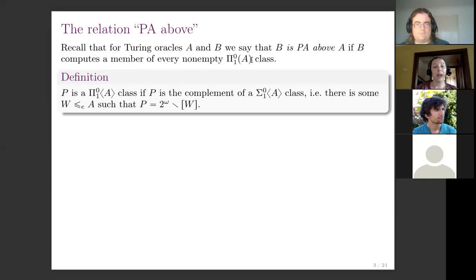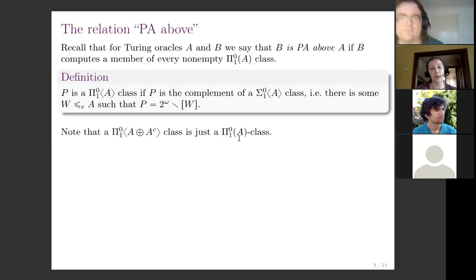I'd like to point out that we're looking at closed sets in Cantor space. We're just changing how they relate to oracles slightly. In particular, all the Π⁰₁ classes relative to Turing oracles appear as well, but now they're relative to A join A complement.